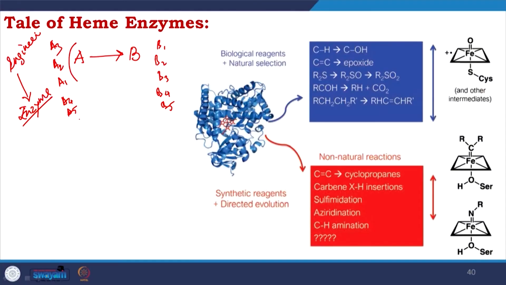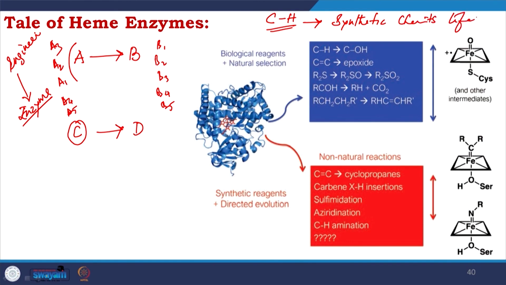Once it was successful, then people were even more imaginative. They wanted to bring a totally different substrate and make the transformation. Taking heme enzymes, especially monooxygenases, which work on the C-H bond, one of the most stable bonds and one of the biggest challenges in synthetic chemists' lives. A lot of synthetic chemists have invested their lab energy on this.